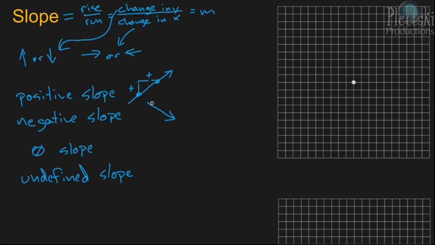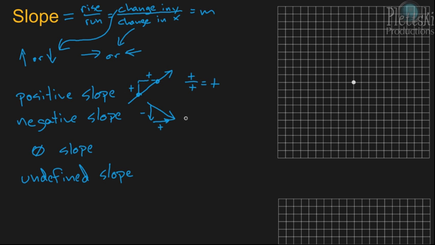And if you go down, your change in y is going to be negative, and your change in x is going to be positive. So when you write the slope, remember it's the change in y, so how far up or down it goes, and in this case it's going to be a positive over a positive, which is going to give you a positive slope for this one.